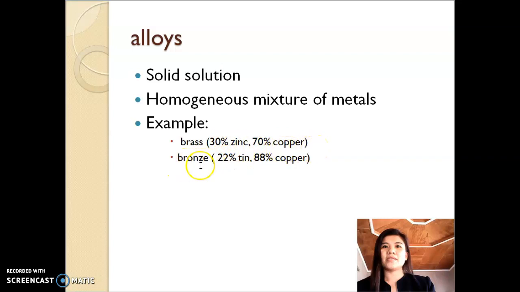For the bronze example, it's composed of 22% tin and 88% copper. So, in these given components, which is the solute and which is the solvent? For your answer, comment down below.